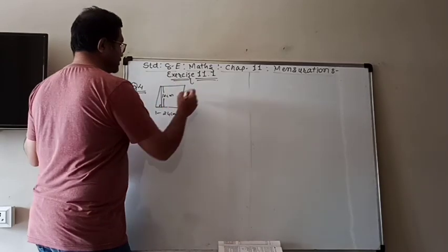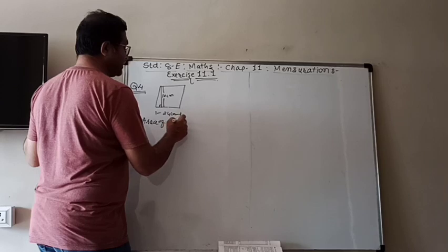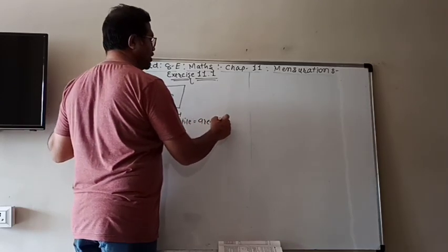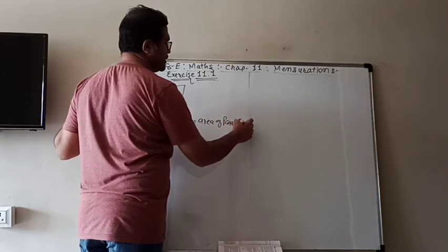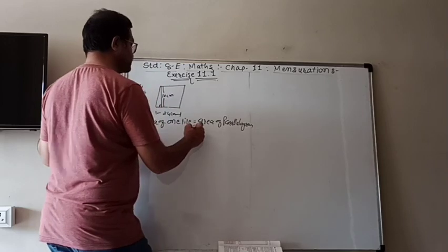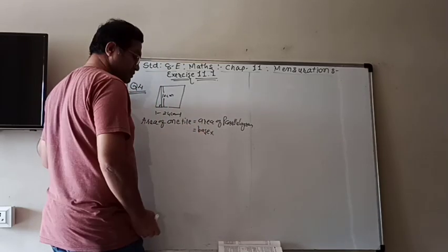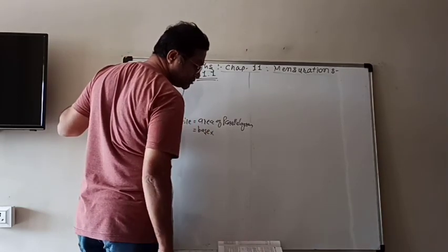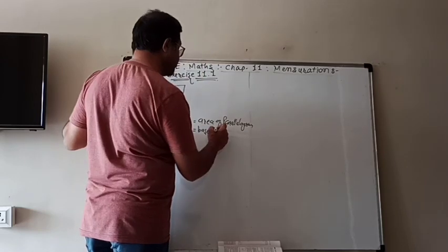So now the area of one tile is equal to the area of a parallelogram, because it is in the form of a parallelogram. So the parallelogram's area is base multiplied by the corresponding height.